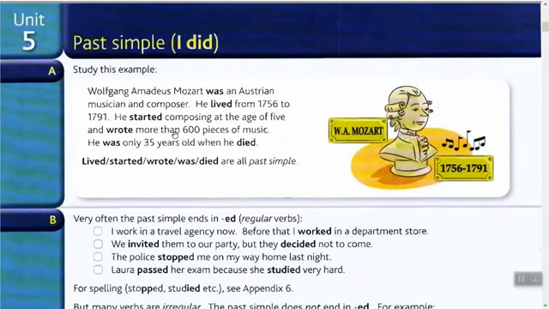Okay, now see the whole paragraph is in the past simple tense. Was, lived, started, wrote, was, died, all past simple.